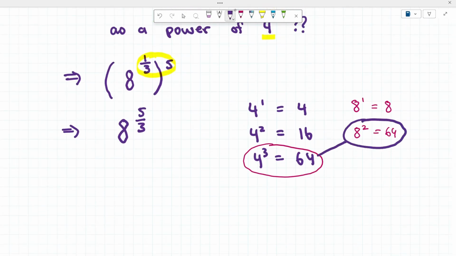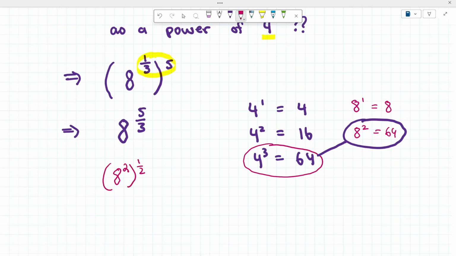So how can we use this connection in order to simplify this and express 8 to the power of 5 over 3 as a power of 4? Well, this is how. So we're going to go ahead and expand and simplify within our own brackets. So we're going to write this as 8 squared to the power of 1 over 2. So you can see that we're rewriting 8.